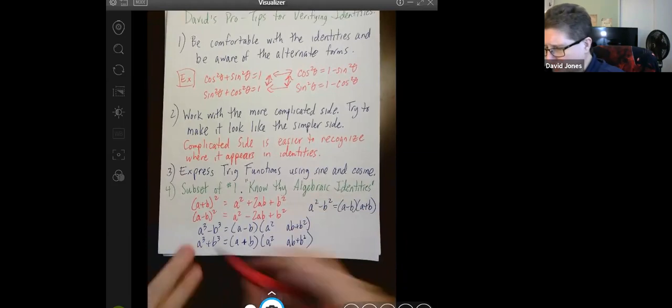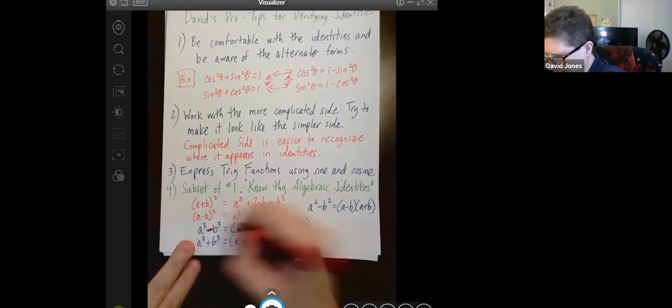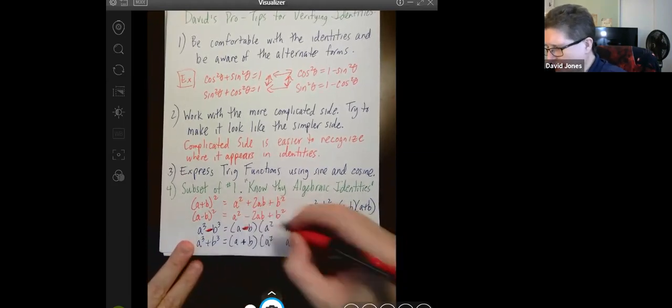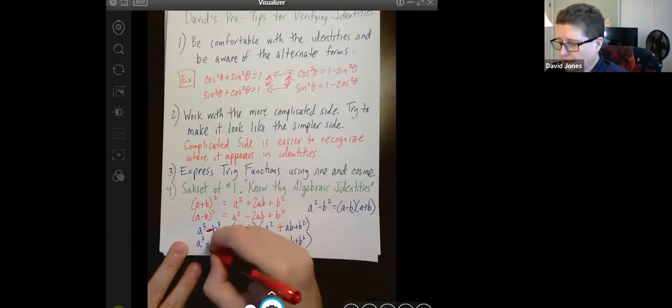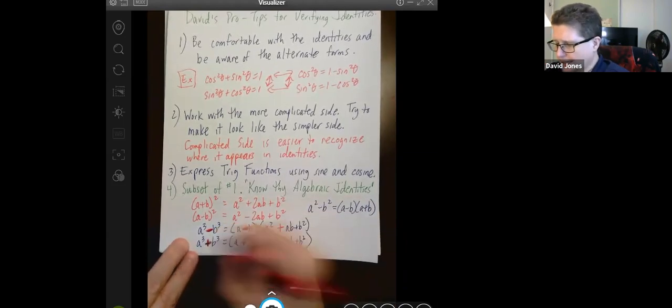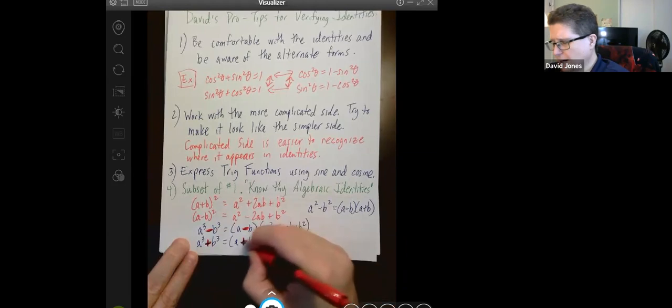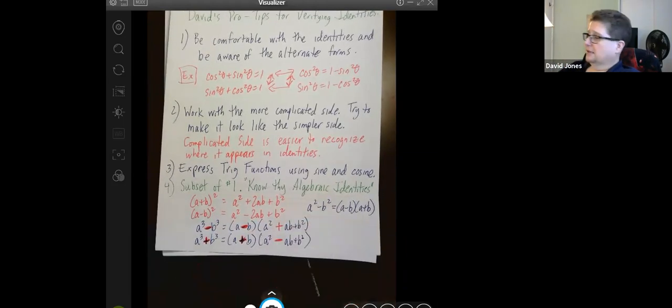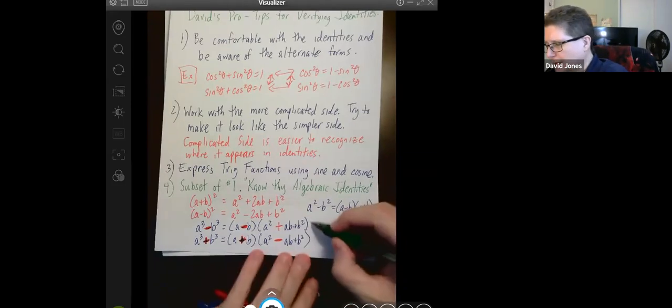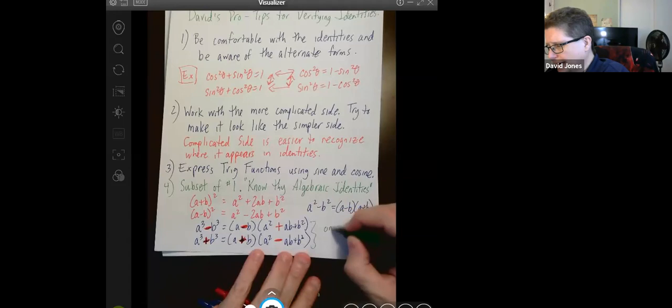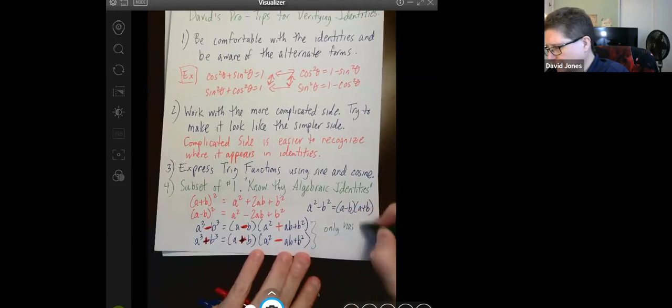And whatever sign was here is here, and you use the opposite one here. And it works on both. Plus here, minus there. A handy way to remember it is the complicated side only has one negative sign.